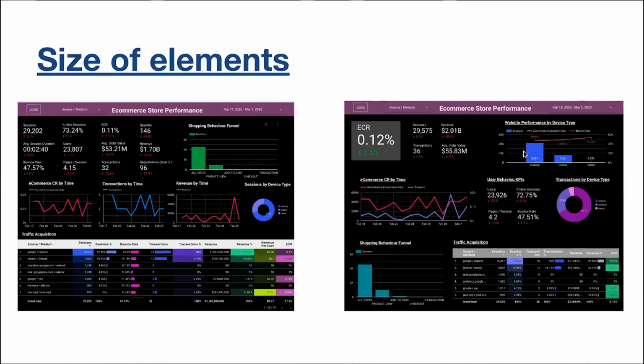The third thing is size of elements. If you look at the right dashboard, then I'm pretty sure that the first metric you notice is the conversion rate. And when we talk about an e-commerce website, the conversion rate, of course, is the most important metric you measure.